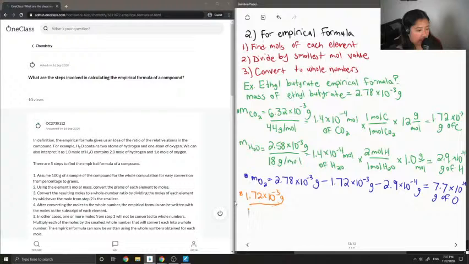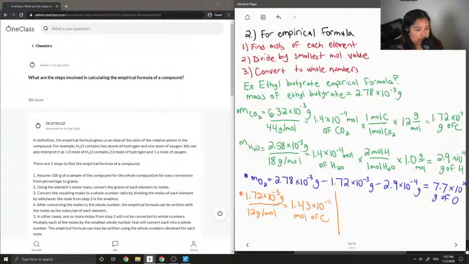I'm going to divide it by the molar mass of carbon, which is 12 grams per mole, and I get 1.43 times 10 to the negative 4 moles of carbon.